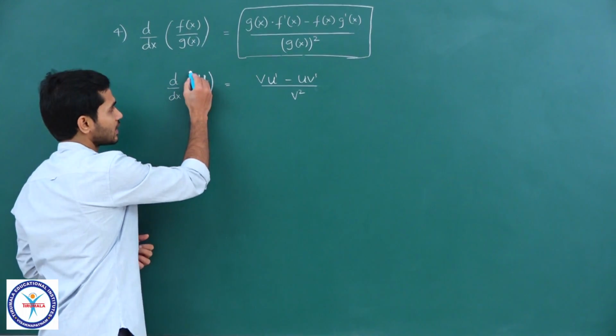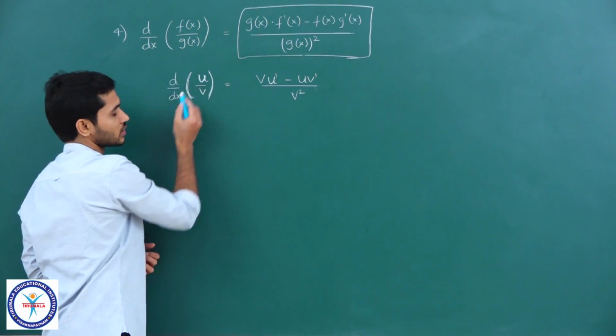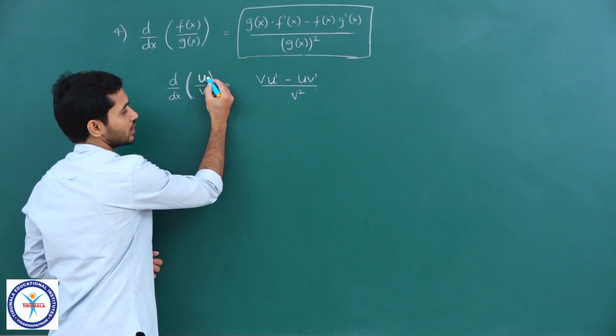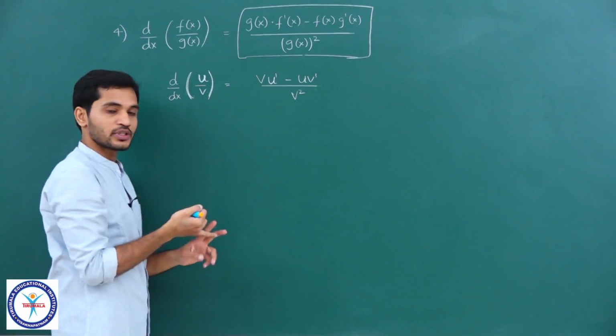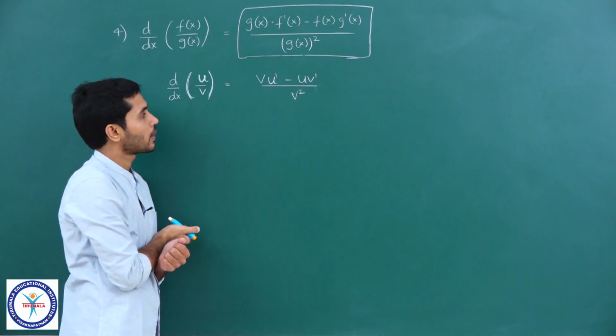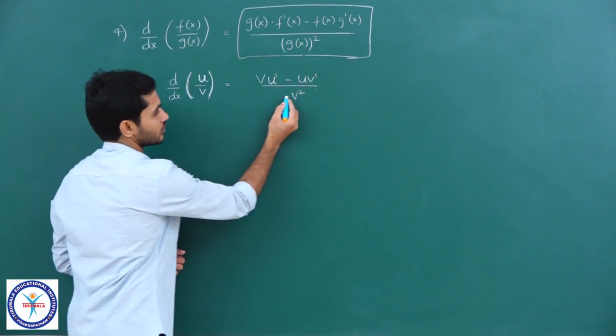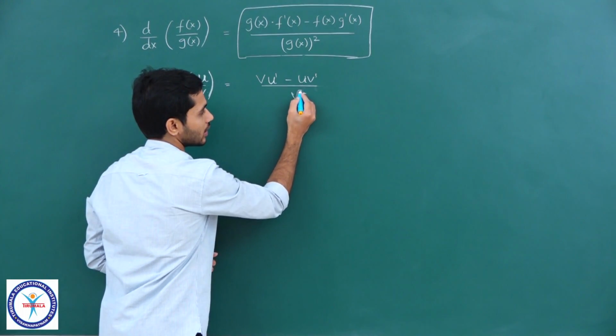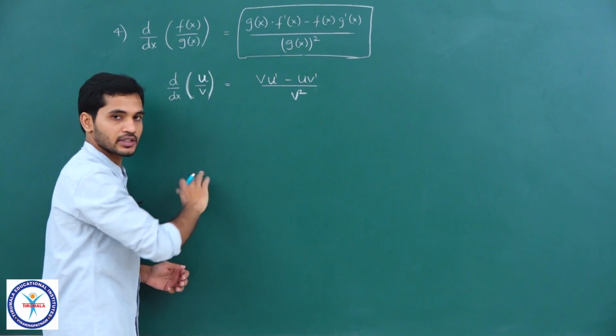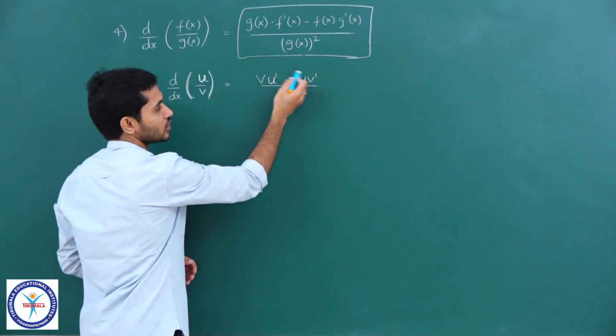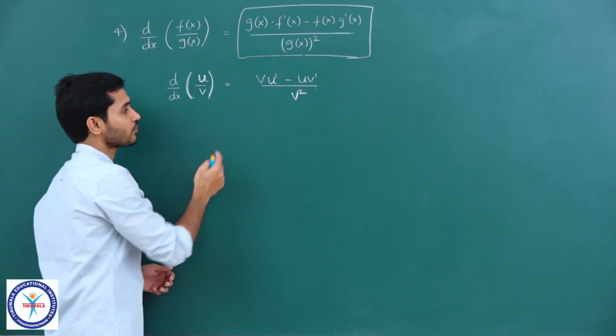So, it means that if I have a function which I am considering as the division of u and v, u is a function and v is a function, clear, then I should write it like this. First write the denominator square in the denominator, right, denominator is done. Now, when you look at the numerator, how do you understand the numerator?